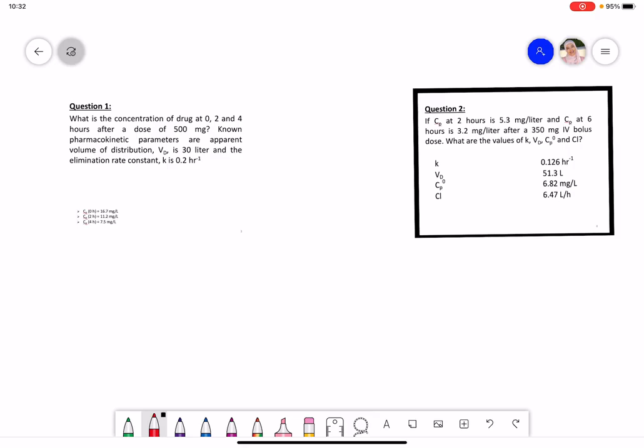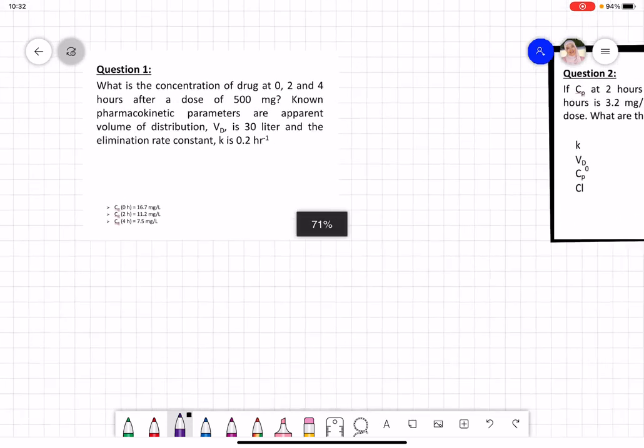Questions 1 to 3 are very easy questions, but we will do them to show you how easy the requirement of some questions can be, but you need to be as accurate as you can. Okay, so let's start with this question.